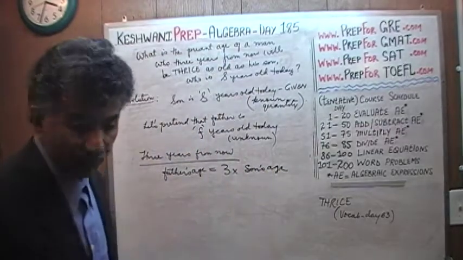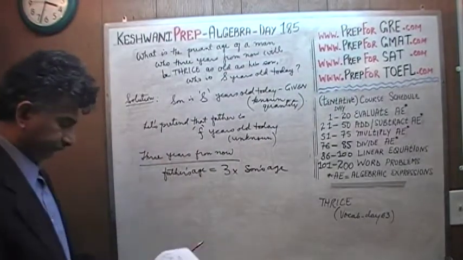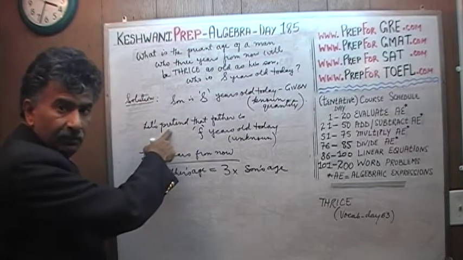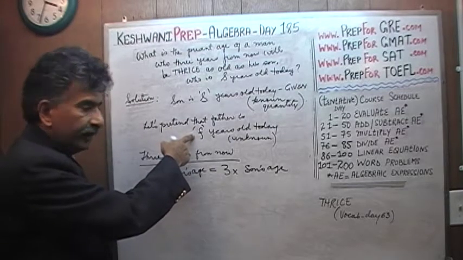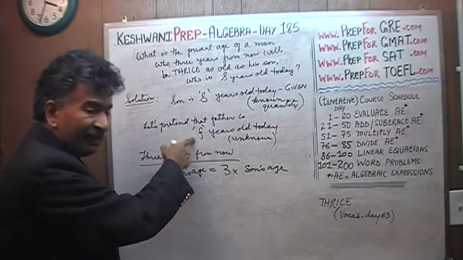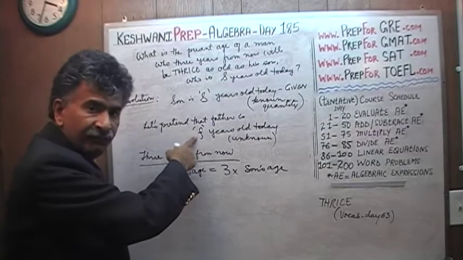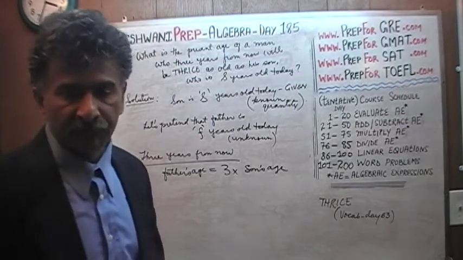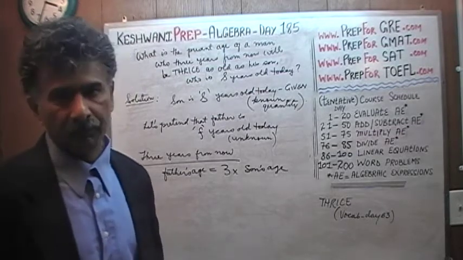Not today, 3 years from now. We are pretending, and we're going to solve for it. Whatever variable we use, if we pretend father is x years old, then we'll have to solve for x. If F, we solve for F. If alpha, we solve the equation for alpha. Whatever is the unknown.